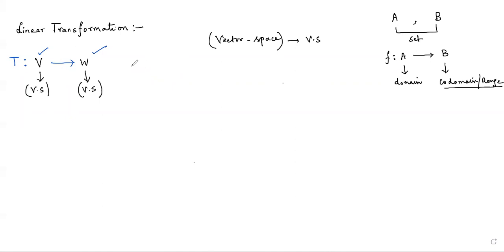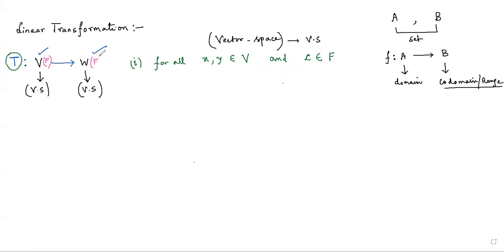The function T is defined in such a manner that, number one, suppose for all x, y belonging to the vector space V, and c belonging to capital F. Now you see that before you define the function from the vector space V to vector space W, you have to take care of one important situation: the two vector spaces under consideration should be defined on the same field.